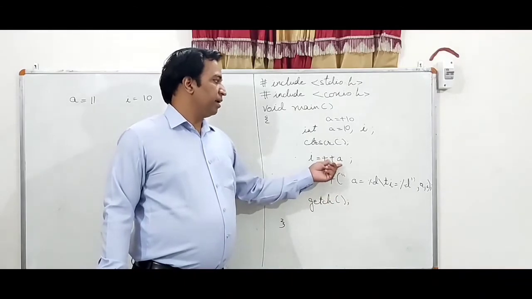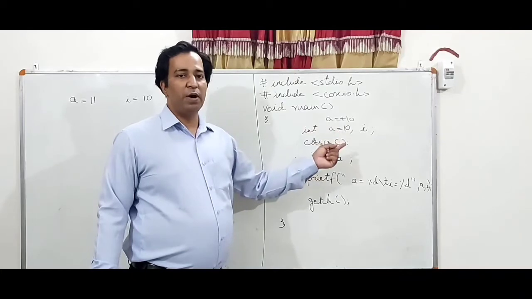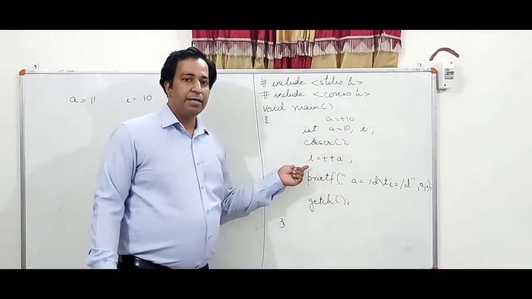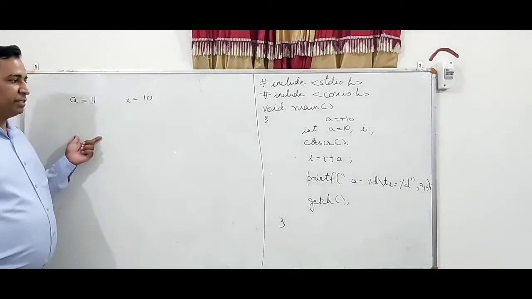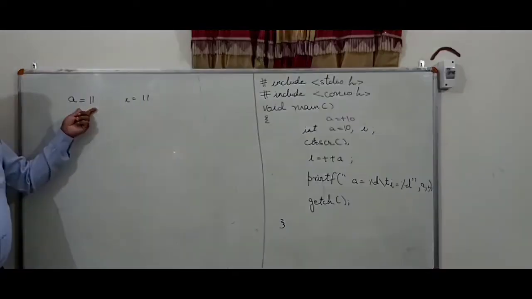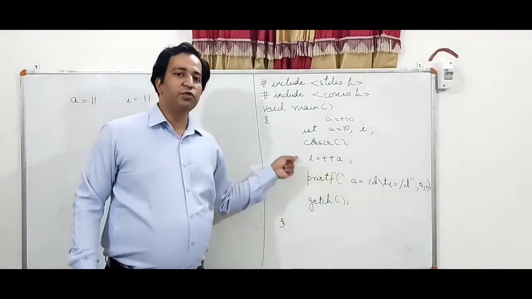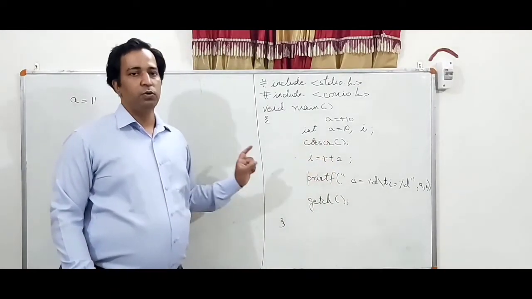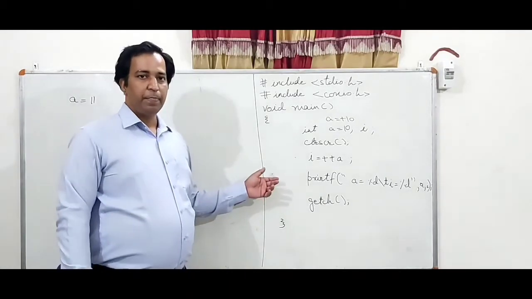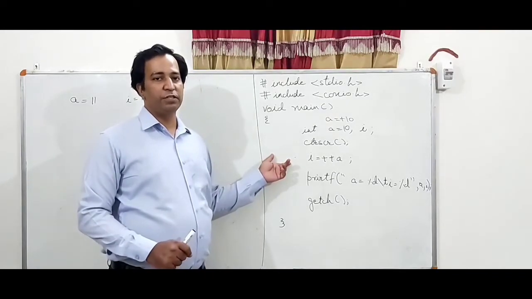That means a is holding 10, the value 10 will be increased by 1, that means 11, and that 11 will be assigned to I. In that case, the output of this program will be a is equal to 11 and I is equal to 11, as a's value will be increased first and then assigned to I. I hope you have understood this operator. If you have any questions regarding this, you can write in the comment section of this video.